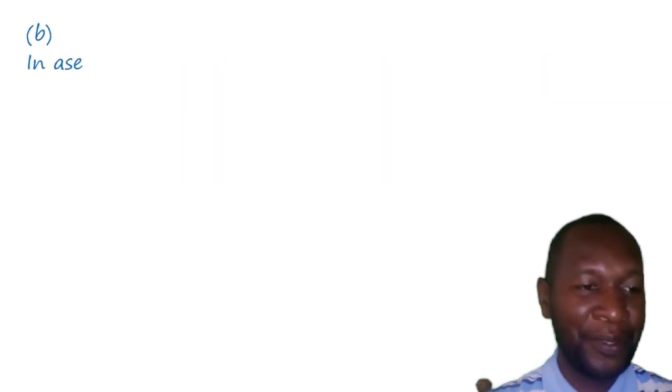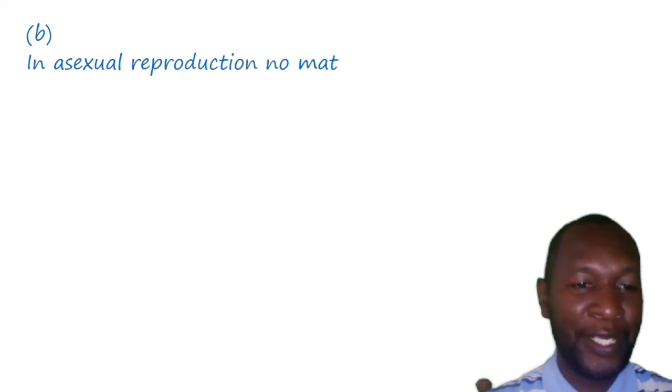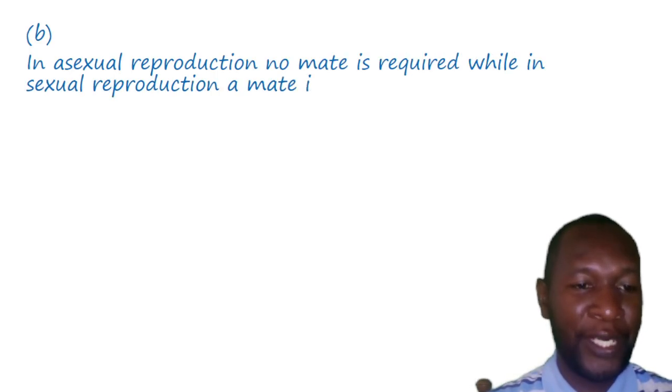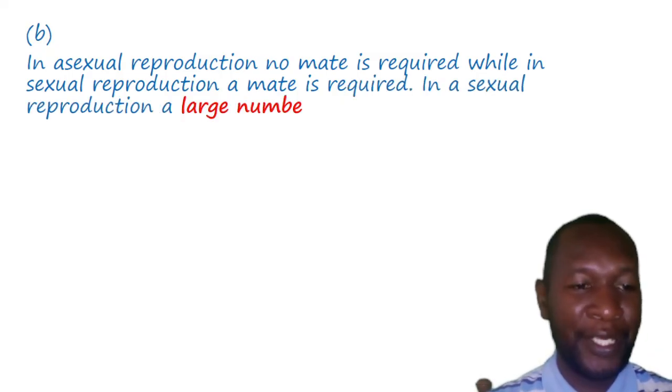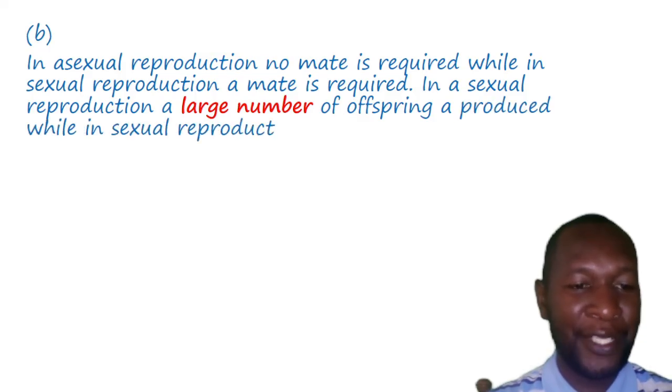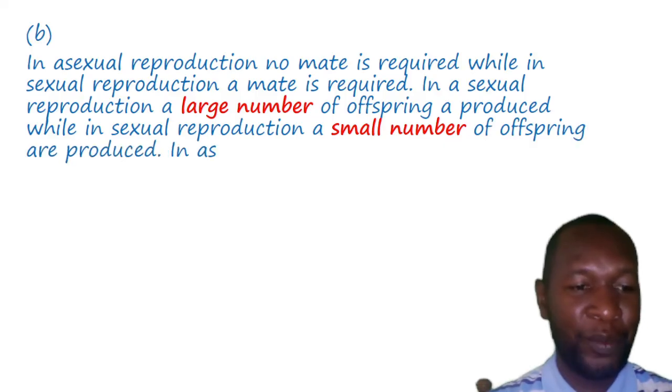Part B. In asexual reproduction, no mate is required, while in sexual reproduction, a mate is required. In asexual reproduction, a large number of offsprings are produced, while in sexual reproduction, a small number of offsprings are produced.